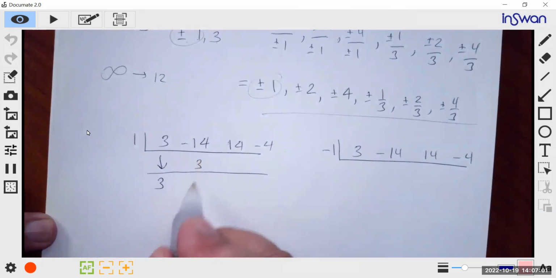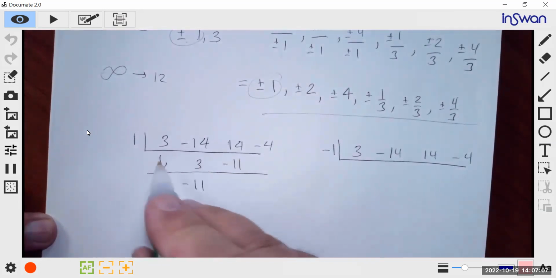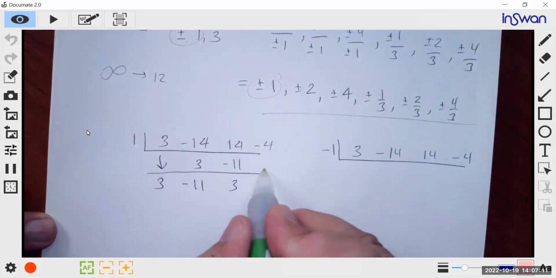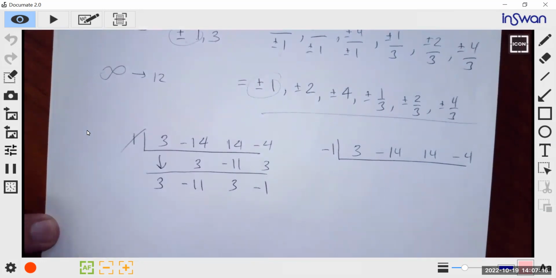One times 3 is 3. Negative 14 plus 3 is negative 11. 1 times negative 11 is negative 11. 14 minus 11 is 3. 1 times 3 is 3. So it's not 1.